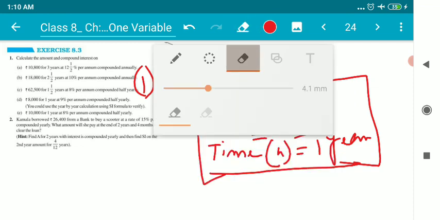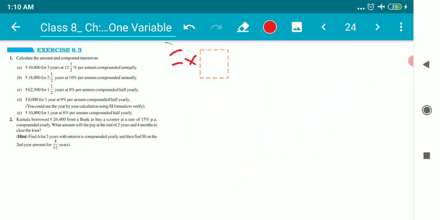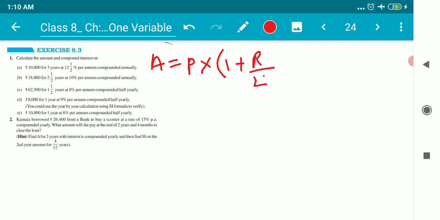Children, we know the formula of compound interest: amount is equal to P into 1 plus R by 200 whole to the power 2n. This formula is only for when we calculate compounded half yearly. For compounded annually it was R by 100 whole to the power n. So as it is compounded half yearly, we have to use that formula.